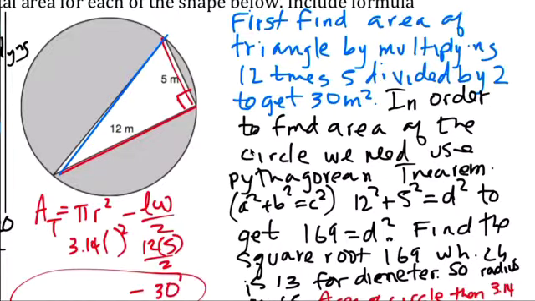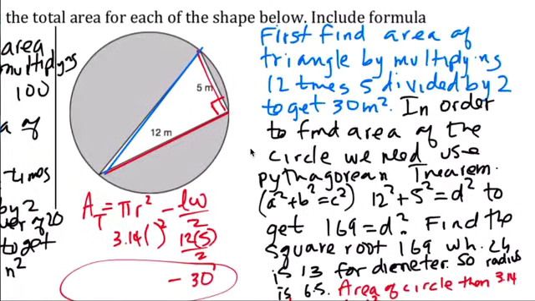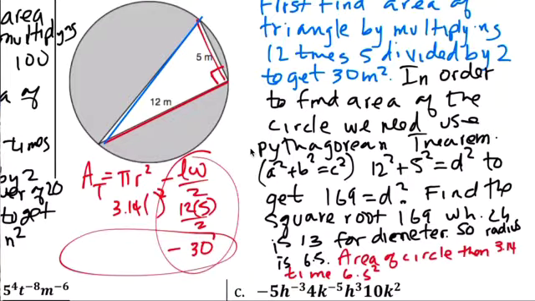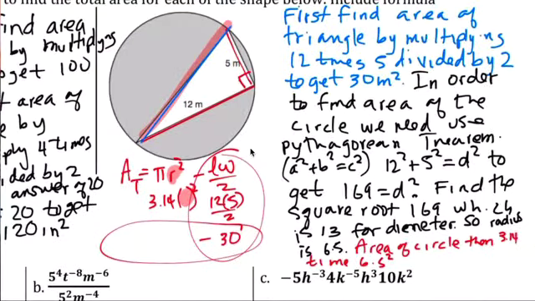I did the area of the triangle first, which is base times height divided by 2. Then you find the area of the circle. I noticed the radius is missing, so you have to use the Pythagorean theorem to find that, and I explain it here.